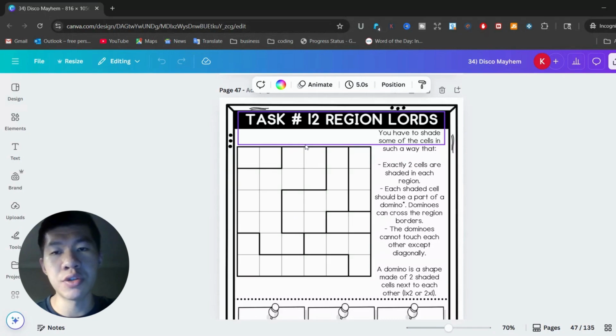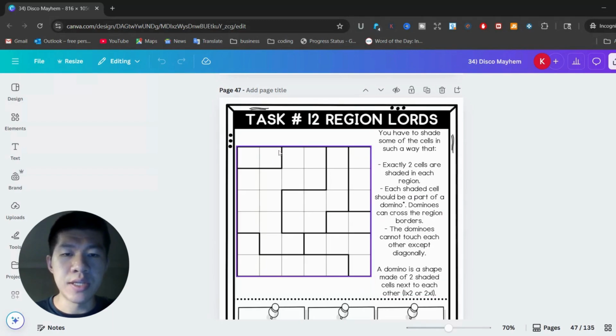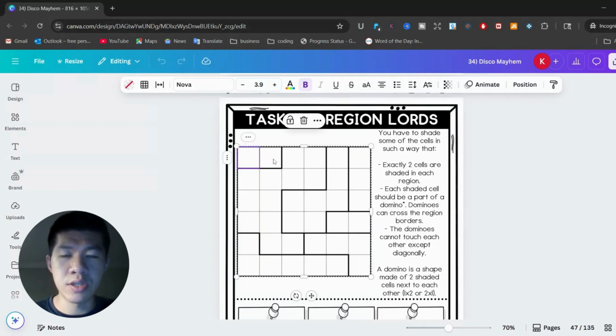So I'm just going to show you how to do one here as an example. Notice that each region in the grid is defined by this black outline. This is considered one region, and this right here is considered another region, and so on and so forth.